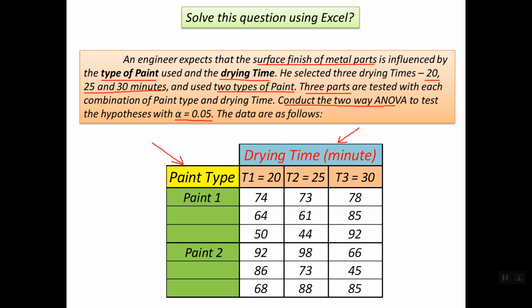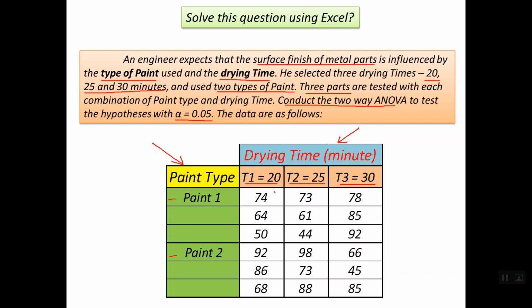Regarding the first factor, we have two levels. The first one is paint 1, and the second is paint 2. Regarding the second factor, which is the drying time, we have three levels. The first one is the drying time equal to 20 minutes. The second level is the drying time 25 minutes. And the third level is the drying time 30 minutes.